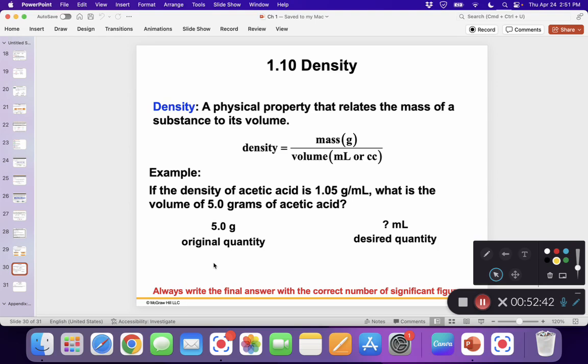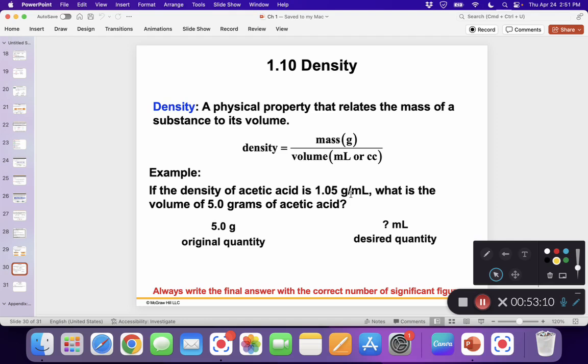Okay, so you start with the 5 grams, and you do have here 1.05 gram per ml. It means every 1 ml is equivalent to 1.05 gram. So you have an equality there, right? Make the correct conversion factor and then multiply that correct conversion factor with your grams.